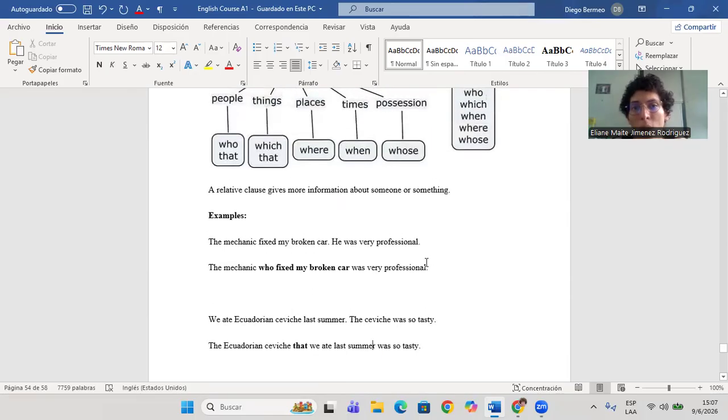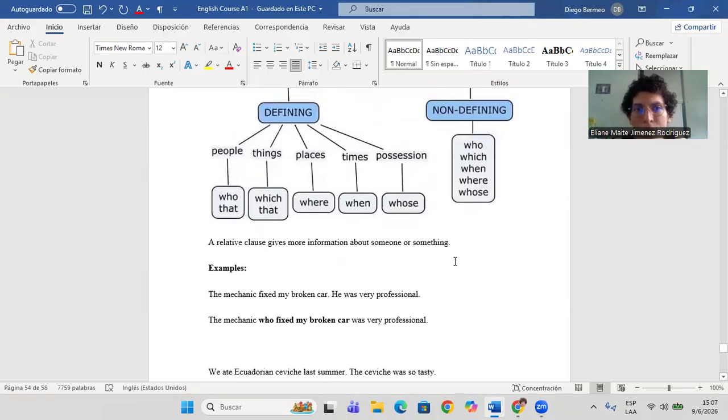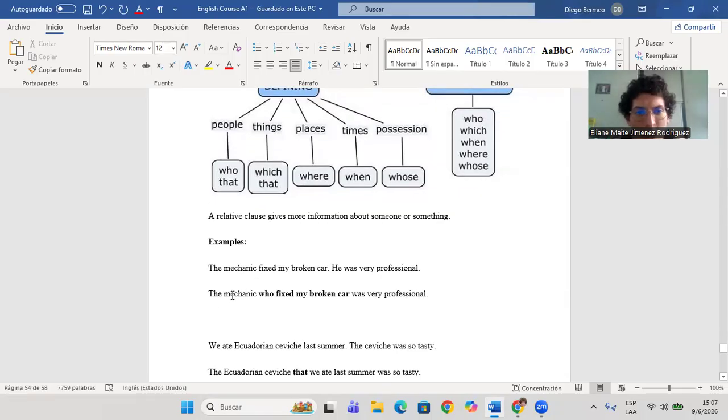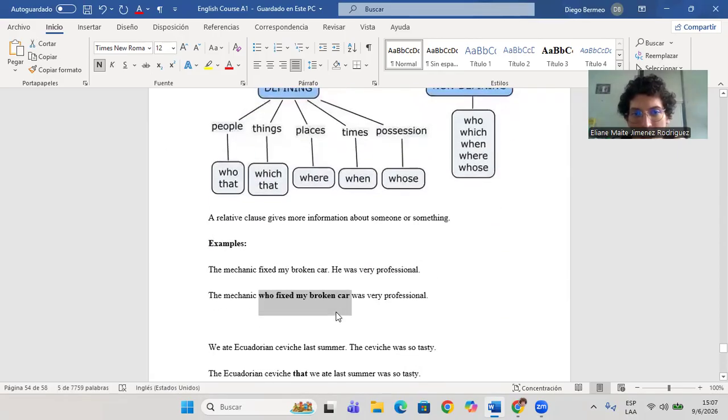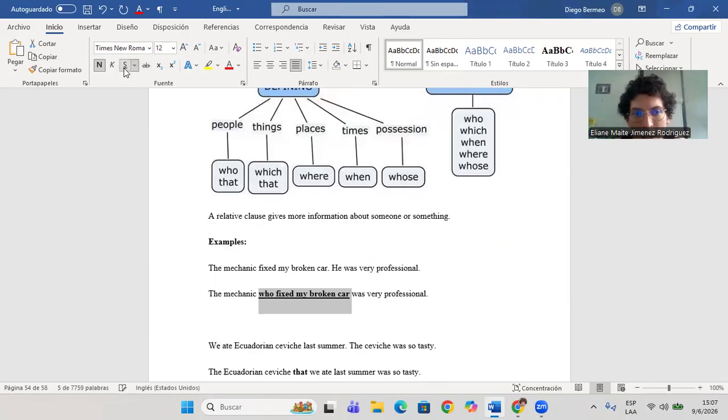Now, how do we know if it is defining or non-defining in those sentences? The mechanic who fixed my broken car was very professional. If we grab this, that is the relative clause, and we delete it, we just simply delete it like that. The mechanic was very professional.